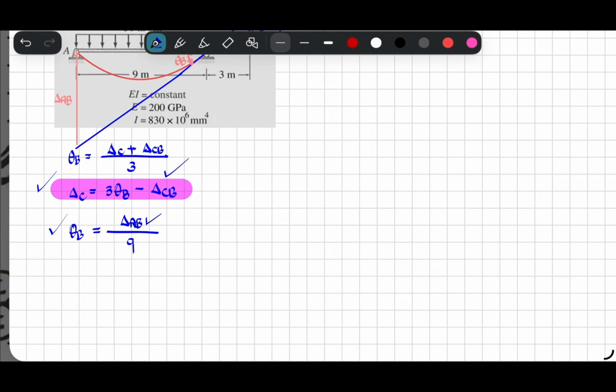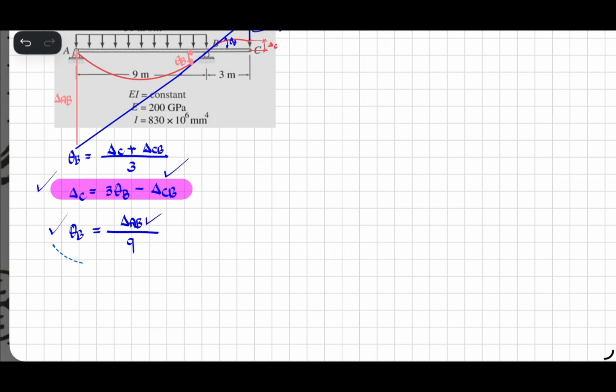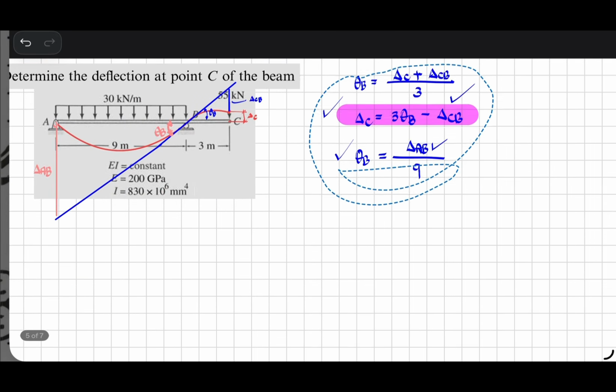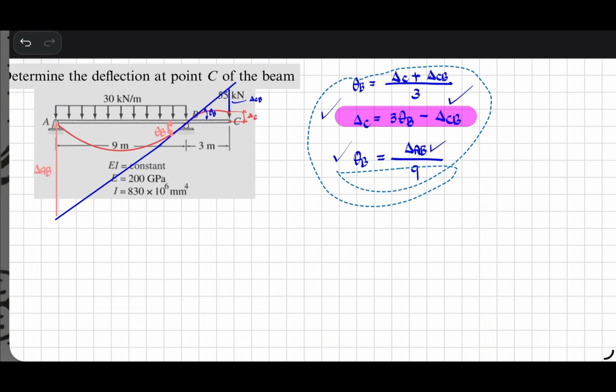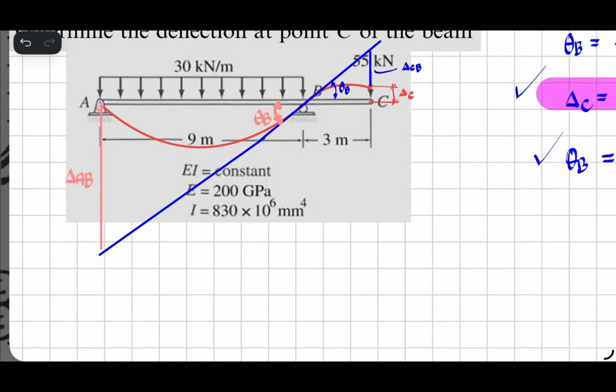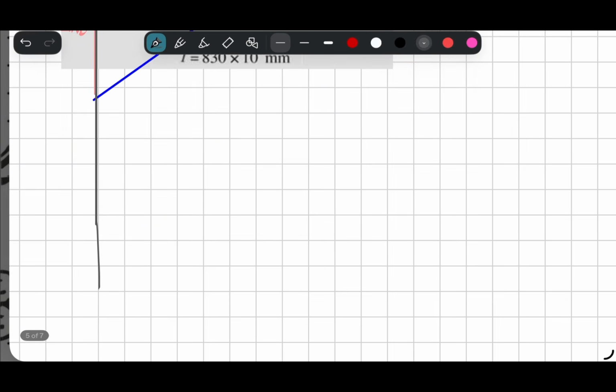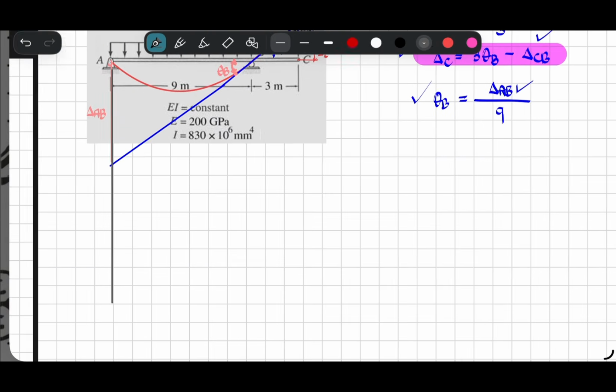Before we proceed, we sketch the M over EI diagram. But we will use the bending moment diagram by parts because we have a uniformly distributed load, and it is easier. So we sketch the moment diagram.